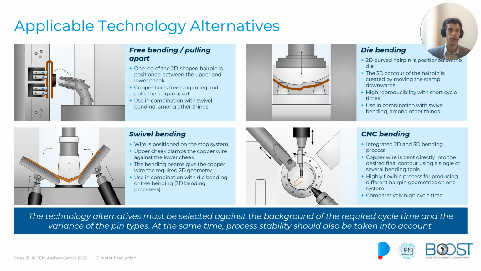The free bending with a gripper that takes the free pin leg and pulls the hairpin apart. We see the die bending that uses a die and a stamp, and the swivel bending, which is kind of a combination of these two.